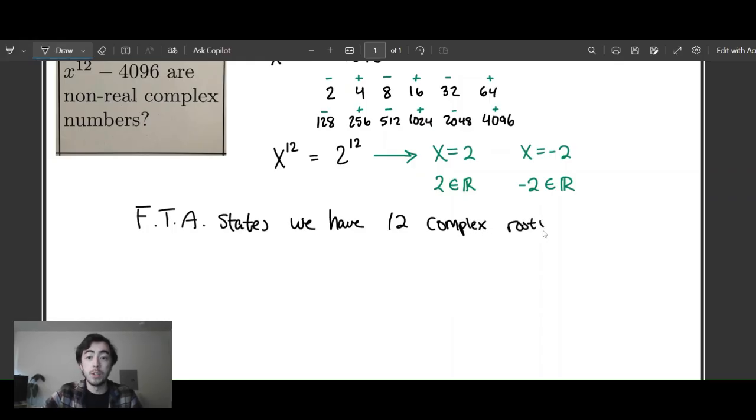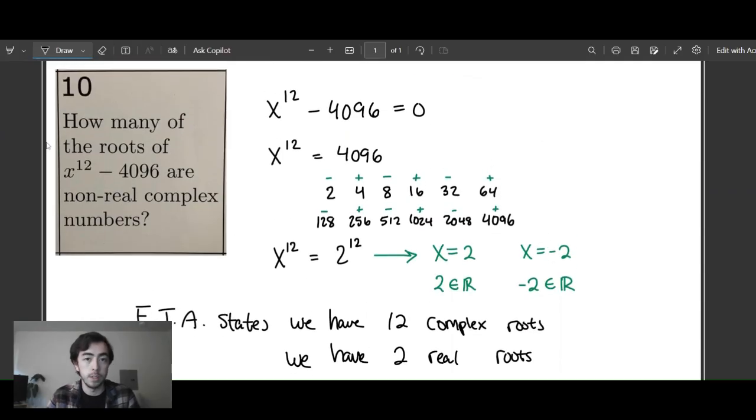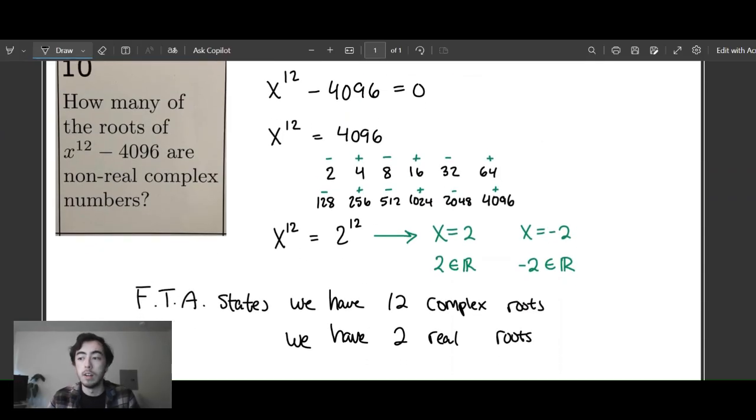And I found 2 of them already. Those are these ones right here. And we have 2 real roots that I found here. That's the 2 and the -2. And I didn't find any more because you can graph this polynomial and you can see that you have 2 x-intercepts. And that's enough of a reason for me, at least, to say that, yep, I have 2 real roots and no more.